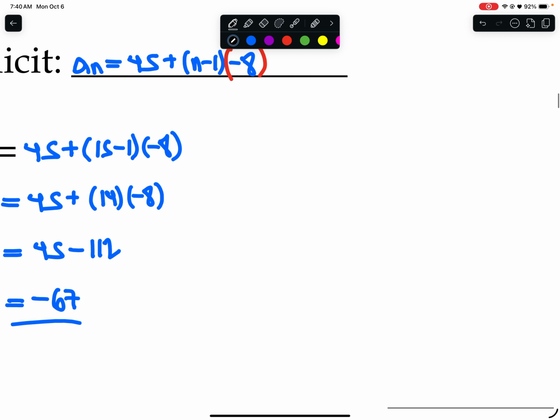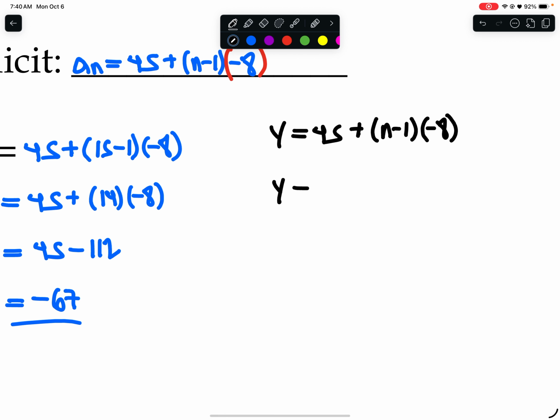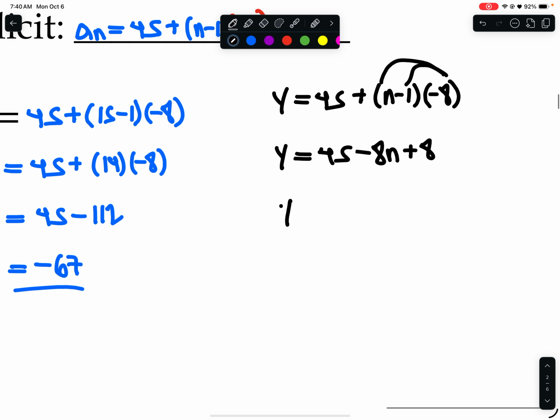So now let's go ahead and convert this to slope-intercept form real quick. So we're going to have 45 plus n minus 1 times negative 8. I'm going to distribute that negative 8 to my n and my negative 1. So 45 minus 8n and then plus 8, which means my equation here is negative 8n plus 53.